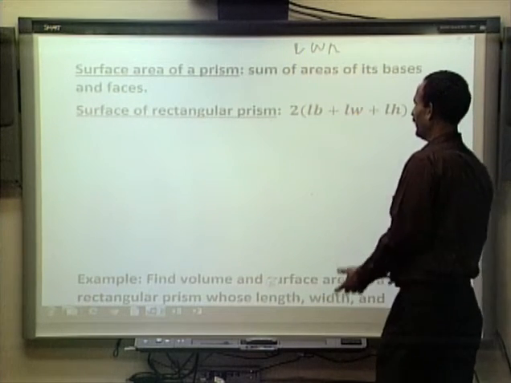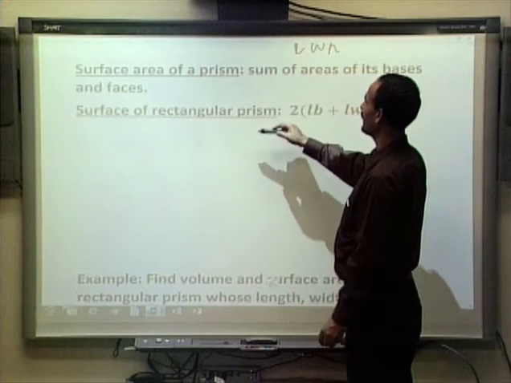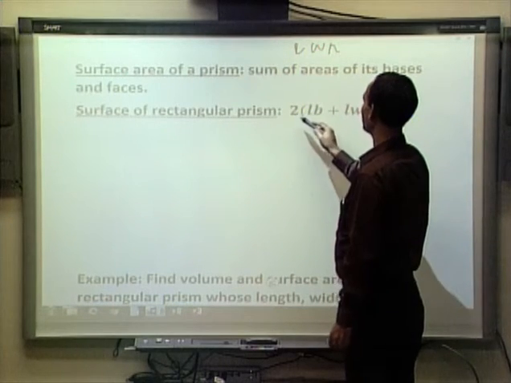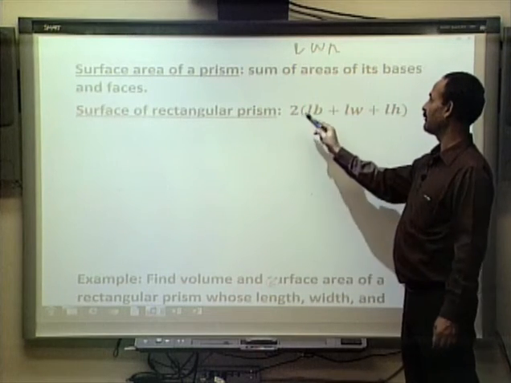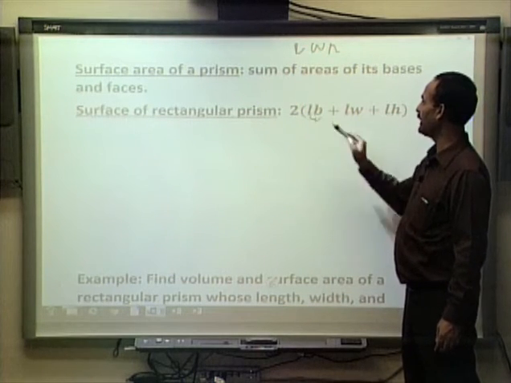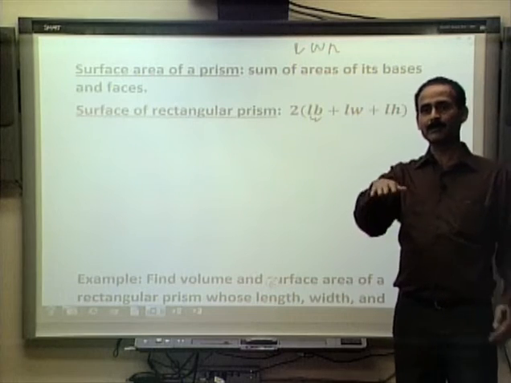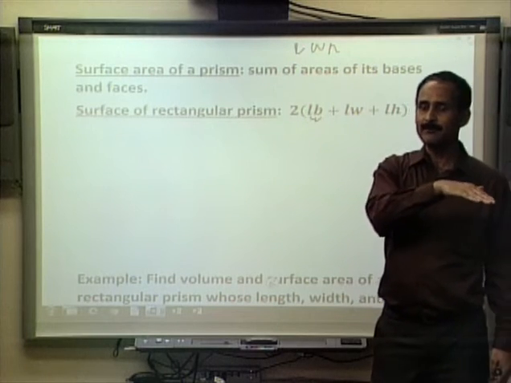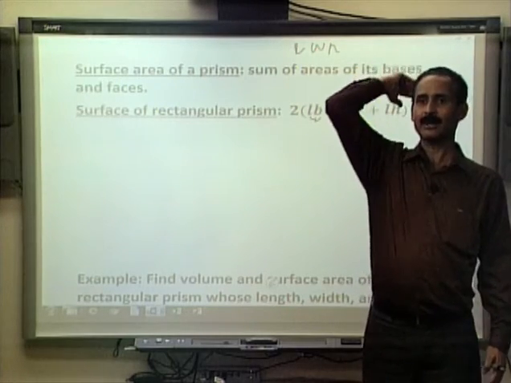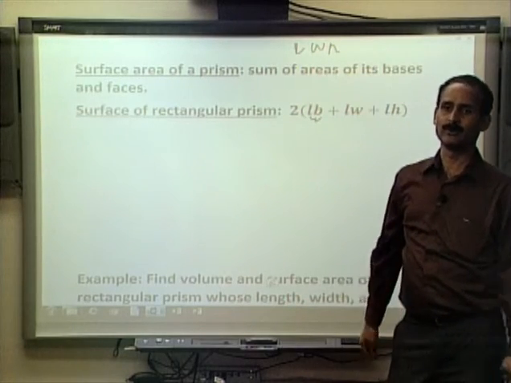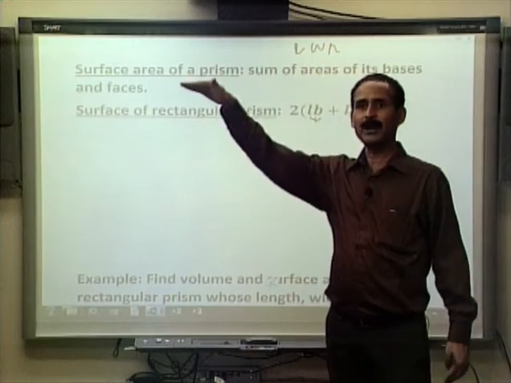So, the surface area of a rectangular prism, or the rectangular room, or rectangular box, is given by 2 times LB. This LB refers to the area of the base, and because it is 2 times, we are counting the area of the roof also. Base and roof will have the same area.